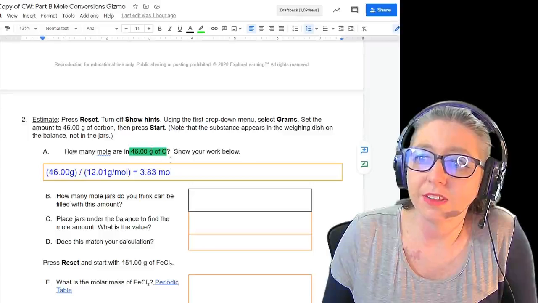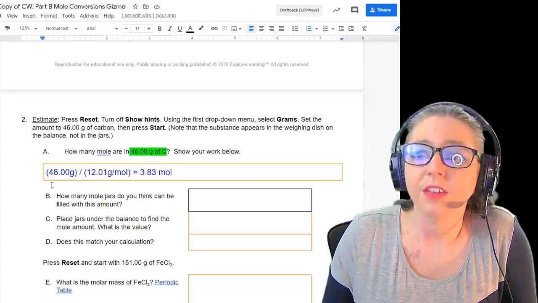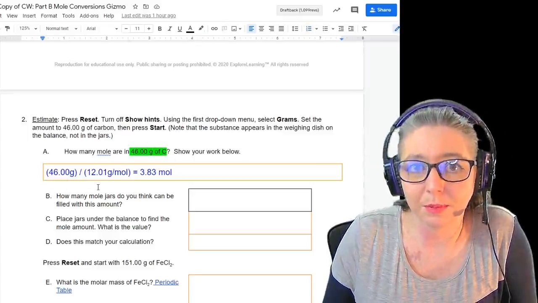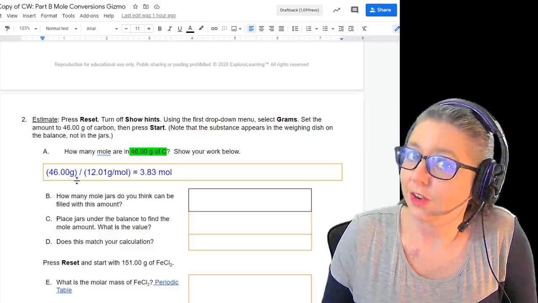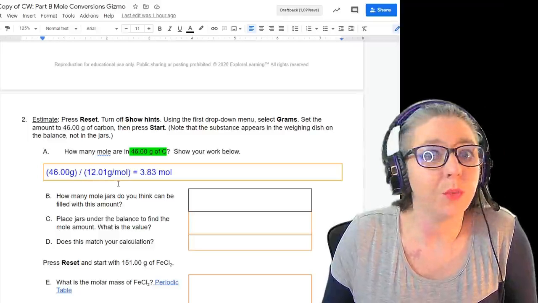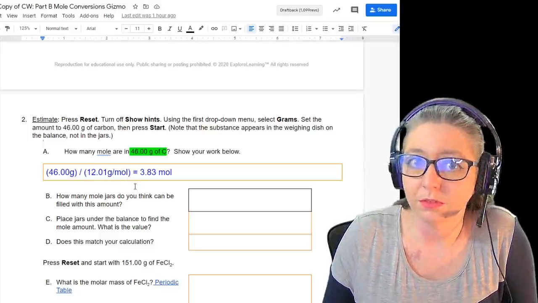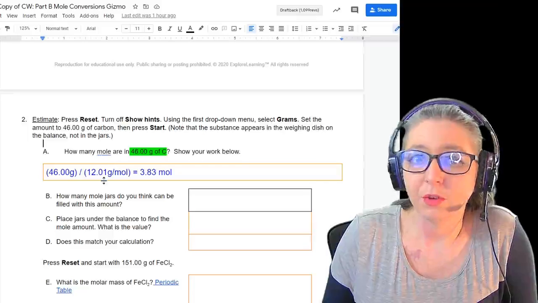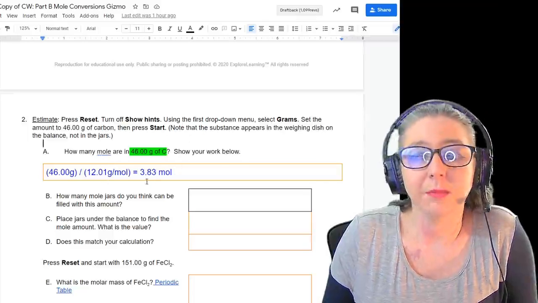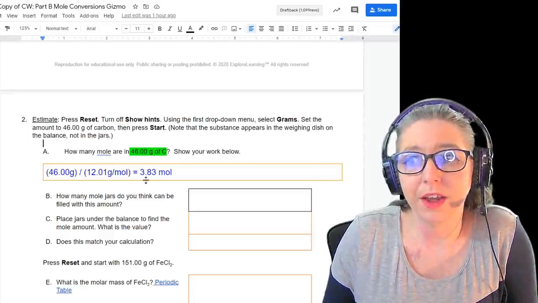And whatever it is that we're given, those units, that's what you want to start with in your problem. So if I have 46 grams, and I know that there are 12.01 grams in every 1 mole, I can easily divide 46 by 12.01, and my calculator will tell me I get 3.83.